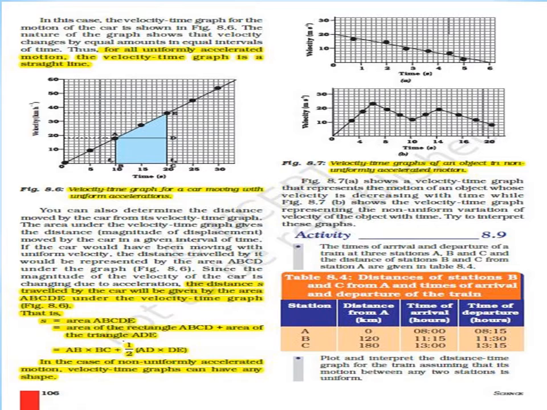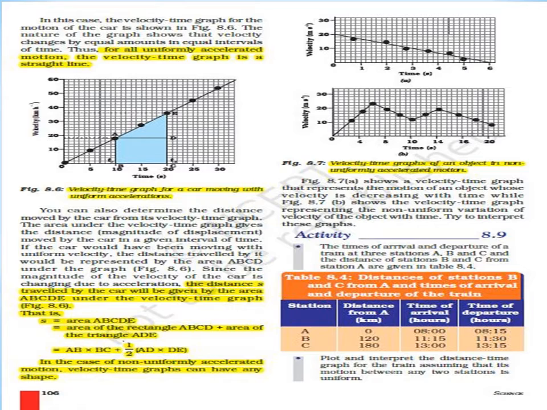If we subtract the velocity from this point to this point, and again from this point to this point, then we get two equal velocity changes in equal intervals of time. So for uniformly accelerated motion, the condition is that the velocity change must be equal in equal intervals of time. So this is uniformly accelerated motion, and this is our graph.